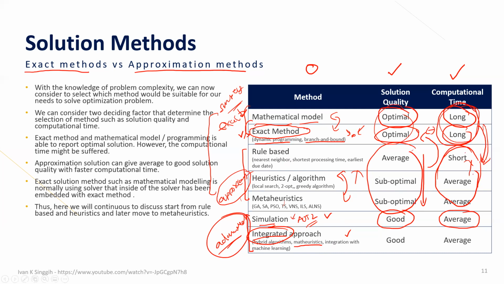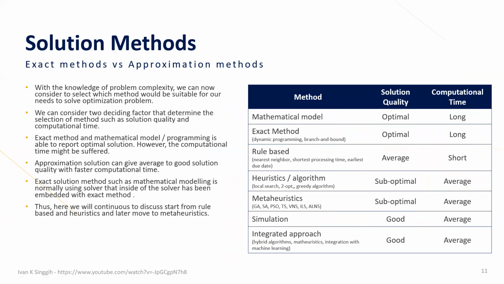For example, we will learn about PSO, particle swarm optimization, next. But other than PSO, you may have already heard of other metaheuristic algorithms such as genetic algorithms, PSO, tabu search, simulated annealing, variable neighborhood, iterated local search, ALNS, and more and more metaheuristic algorithms being introduced.